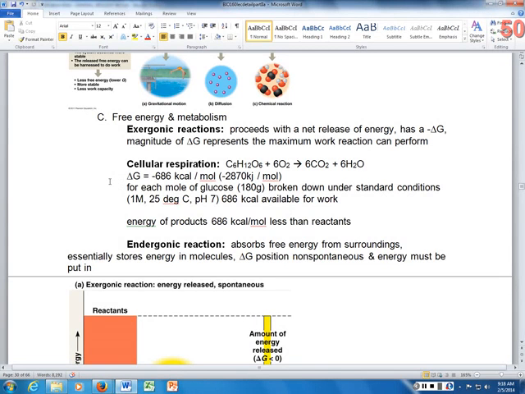For each mole of glucose, 1 mole of glucose is 180 grams, broken down under standard conditions, which is 1 molarity, 25 degrees Celsius, pH 7, you have 686 kilocalories of available work. So if you need to do something that requires 1,200 kilocalories of energy, you would need 2 moles of glucose.